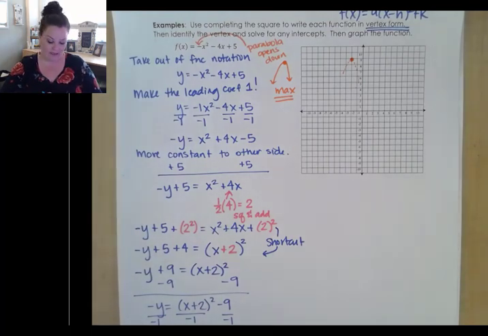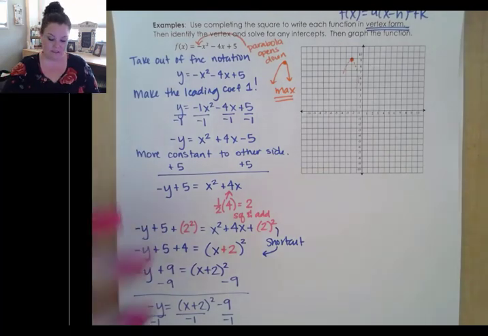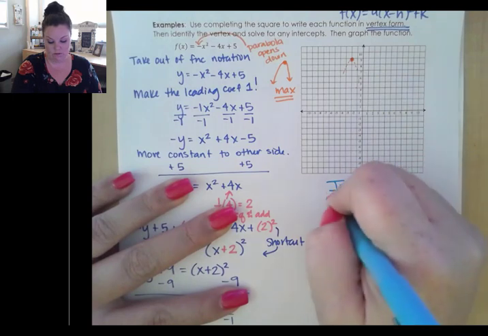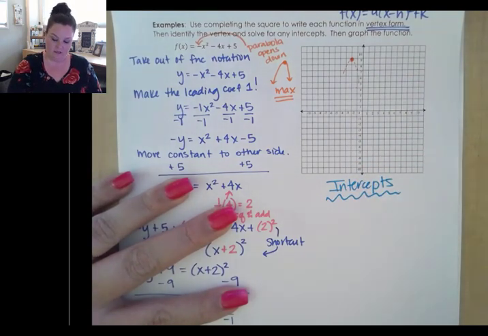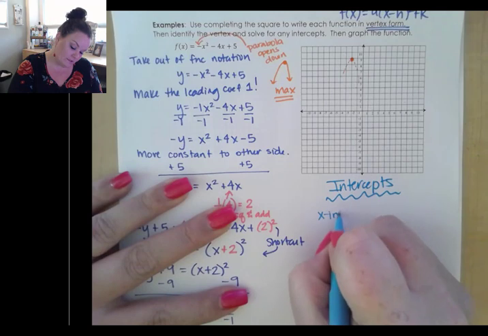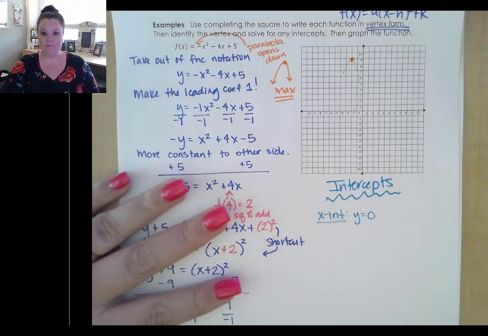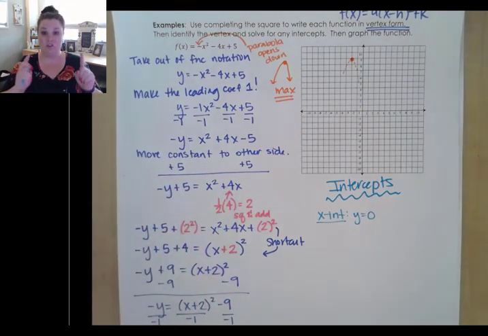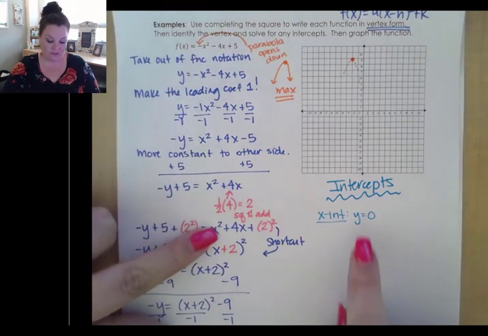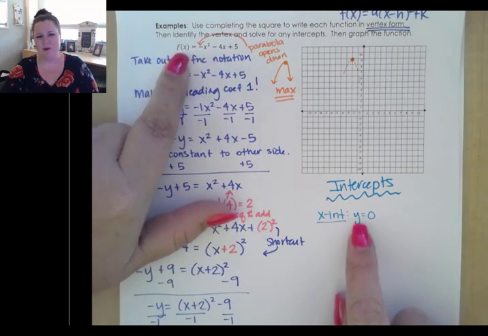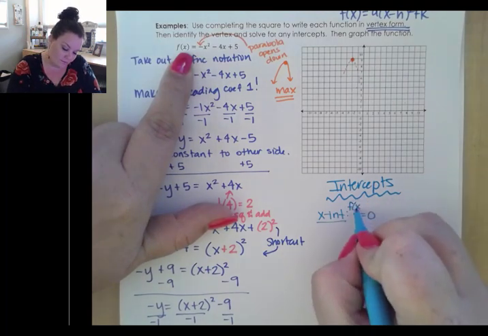Now that I have it written in vertex form and I know my vertex, now we can solve for our intercepts. Okay. All right. So to find our x-intercept, we're going to let y equal 0. Now, we can do this two different ways. One, you can take the original function up here and set the f of x, because when I say y equal to 0, that's the same thing as f of x equals 0, right?